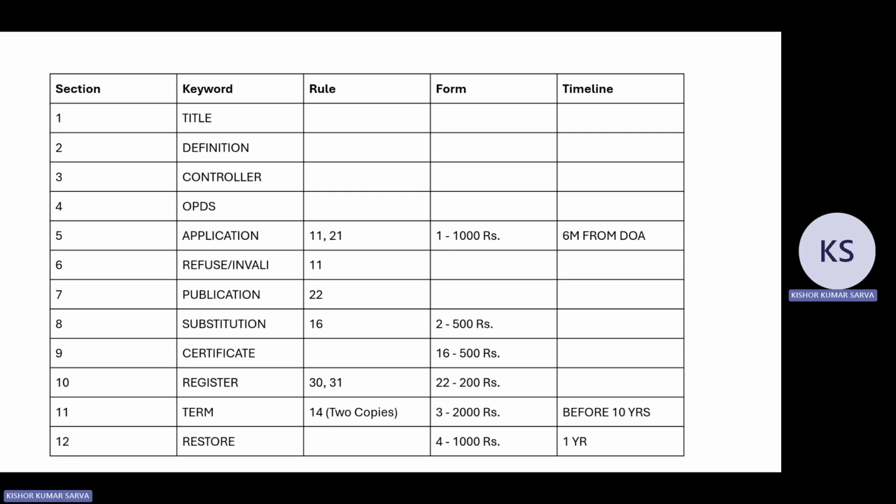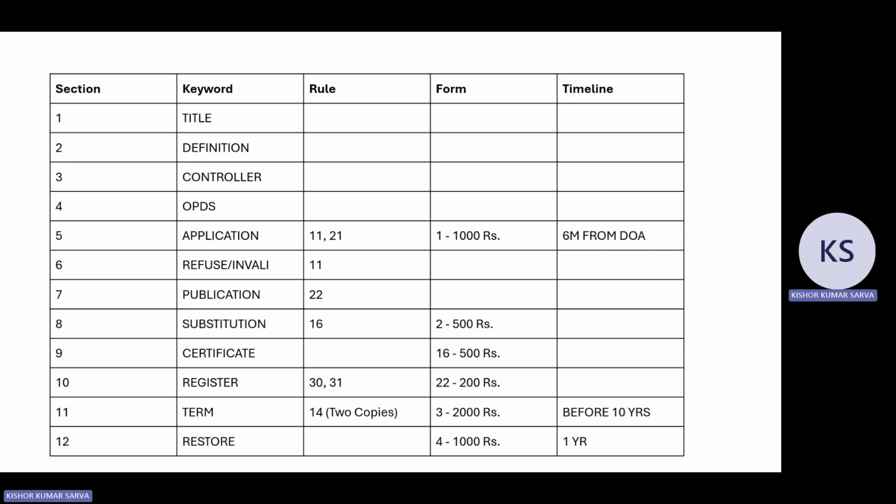If a court order or a controller decision is pending or has been issued, you can substitute in either case. For substitution, we need to submit form number 2 with a fee of 500 rupees. Rule number 16 is also applicable, which says that when more than one owner is there and there is a dispute between them.